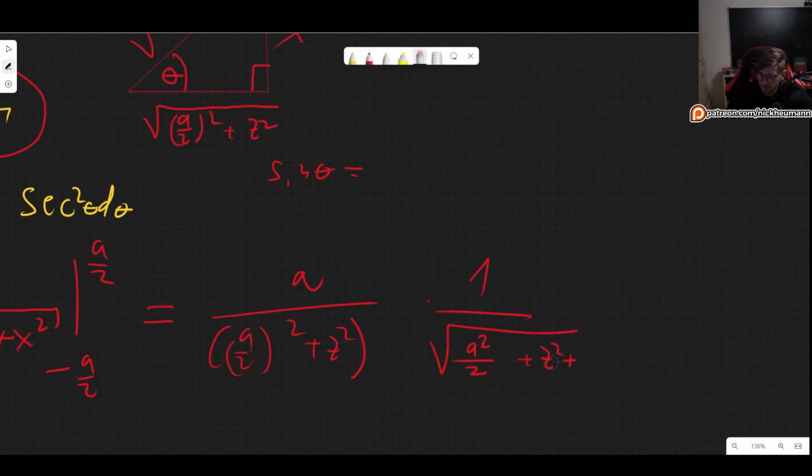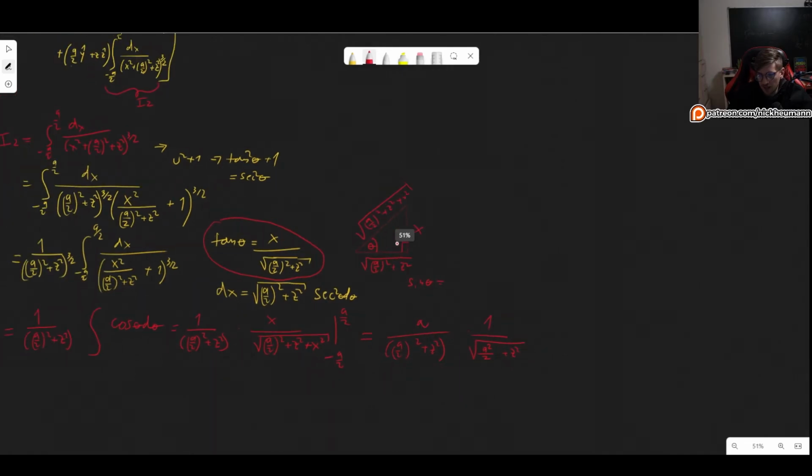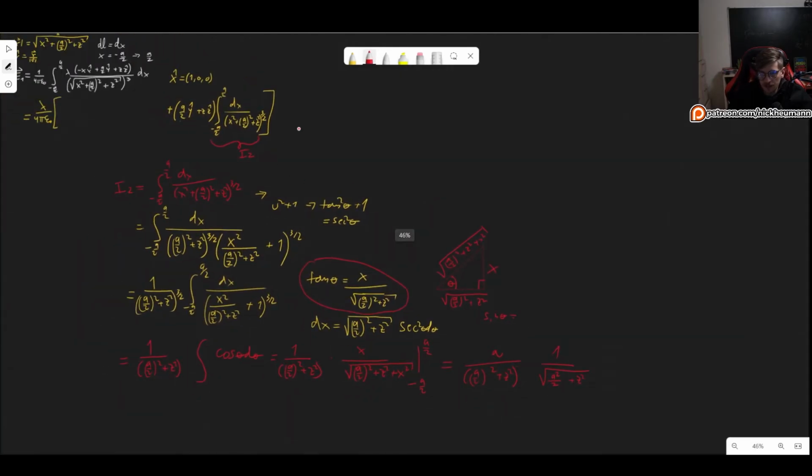Okay, now let me copy this result and plug it into our original equation here. Okay, so this would be, let's see, a divided by (a/2)² plus z² times 1 over the square root of a squared divided by 2 plus z².